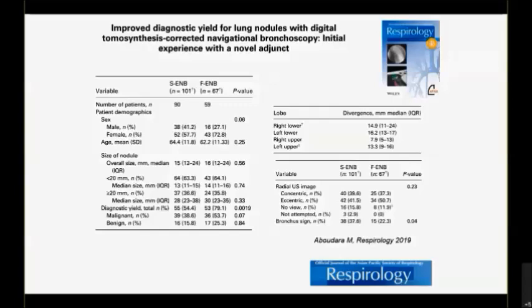So we went from 54%, 55% to 79%, which was remarkable for us, and clearly a technology that has really changed the way we practice. Now, we looked at more data over a year, and then 6 months follow-up, and that's an abstract that was published in Chest, and we get about the same results, confirming what we had.